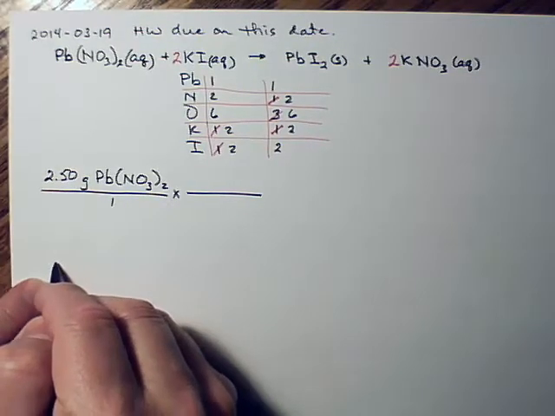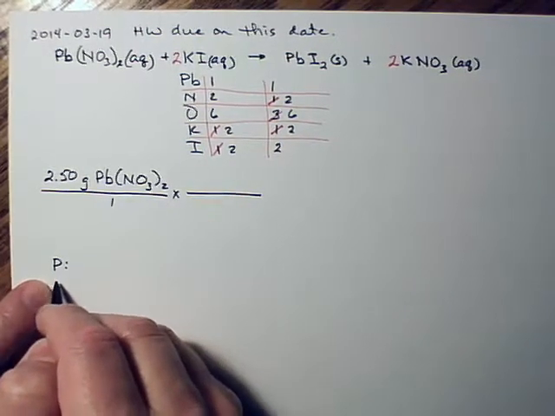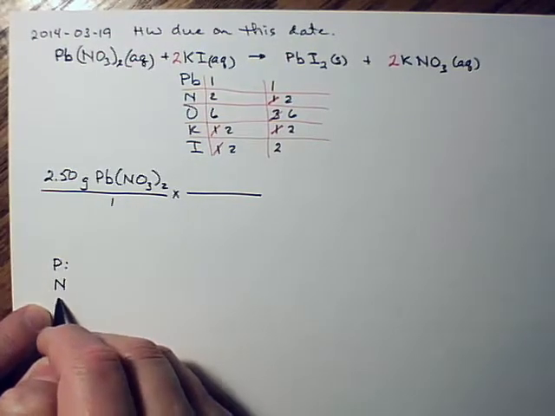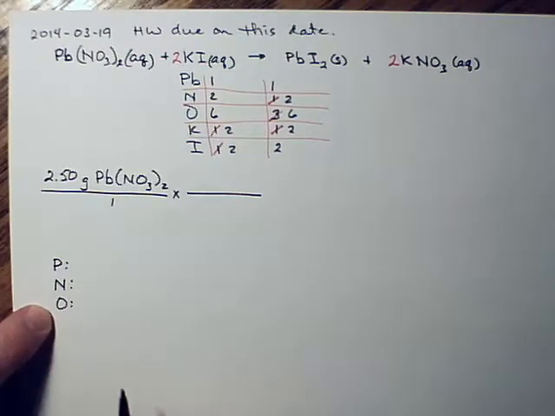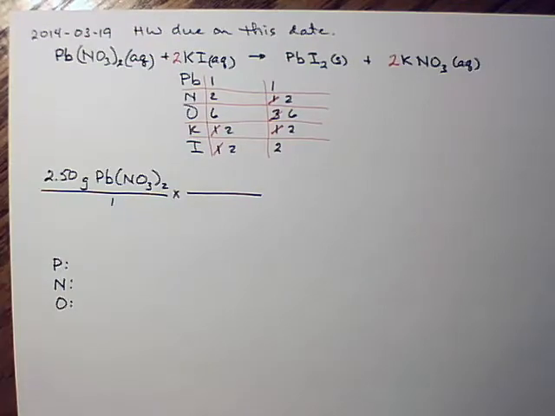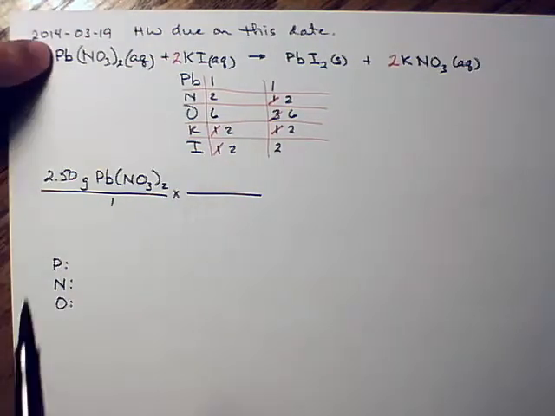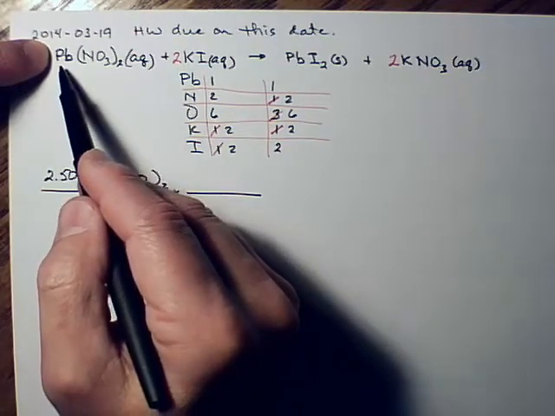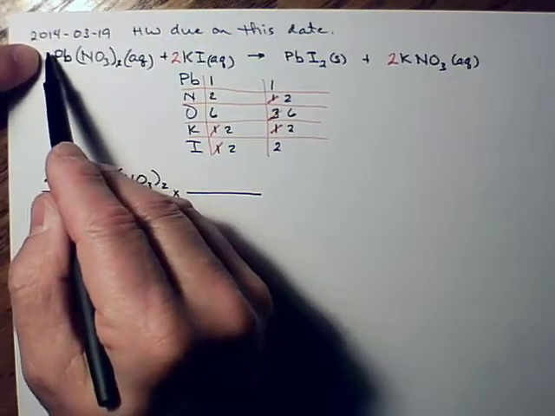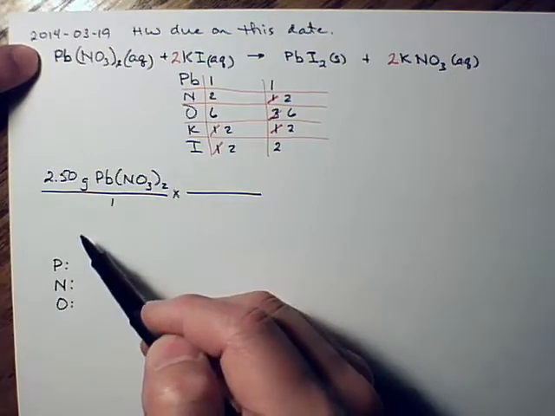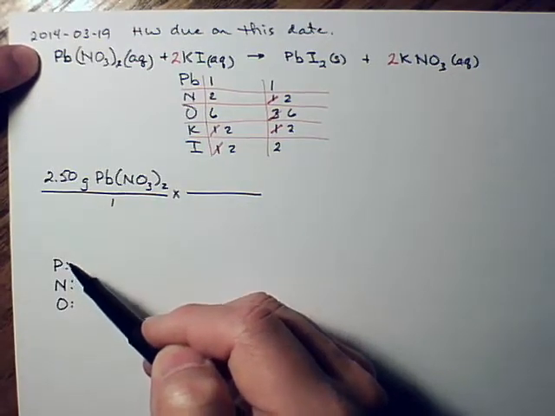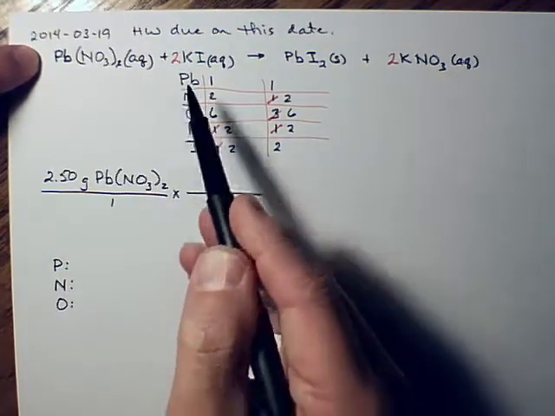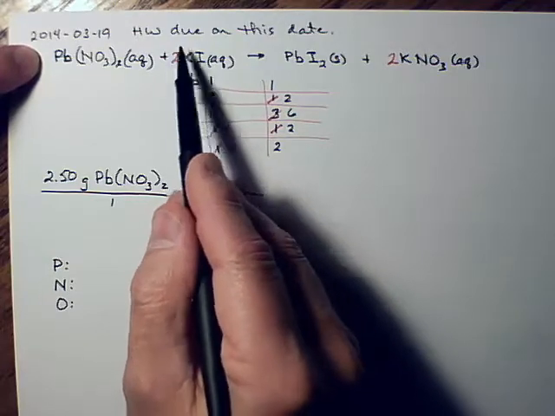And for molar mass, we're going to add up the atomic masses of all the elements in this formula. Now, even though it doesn't really apply here, I want to make sure I'm really clear about something. When you're adding up the atomic masses, you don't even consider these coefficients. It's only the total atomic mass for the formula, not for the total amount in the equation.